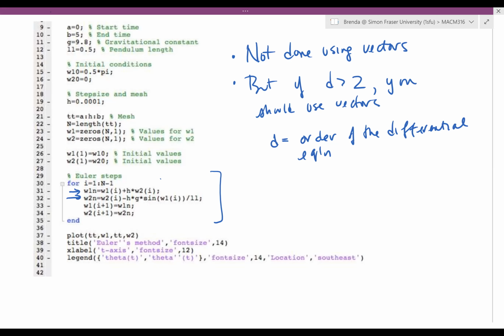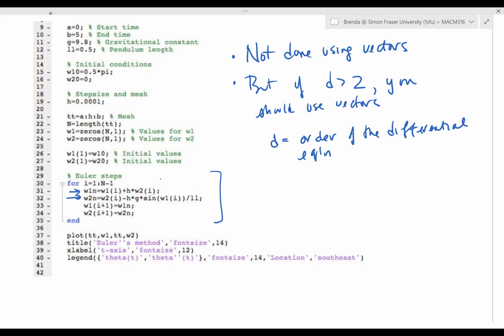You have to do it twice. If it was a third order, it would be 3. If it was a fourth order, it would be 4. At some point, you would put it into a vector. I think it's easier to see though the first time you see this. It's easier to see it listed out. But I want you to note that it's remarkably simple code. It's not that difficult. So this is doing the numerical calculation of the pendulum motion.